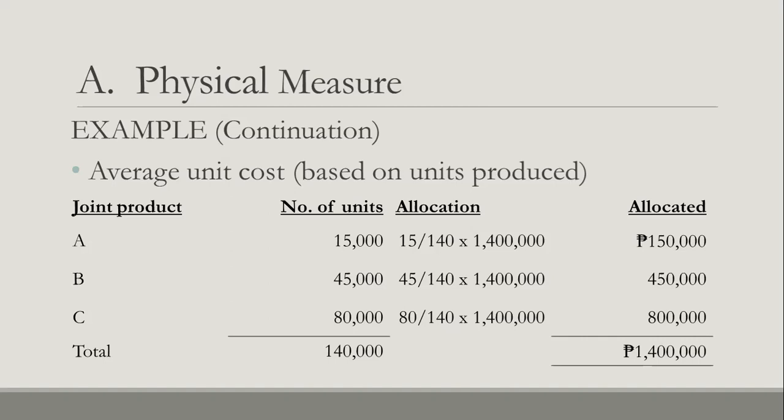So you divide it proportionately among the joint products. The allocated amount for joint product A is 150,000. For joint product B, you would get 450,000, and for joint product C, you would get 800,000.